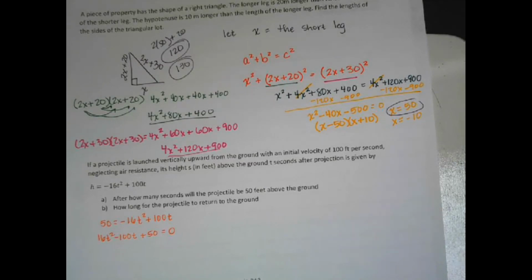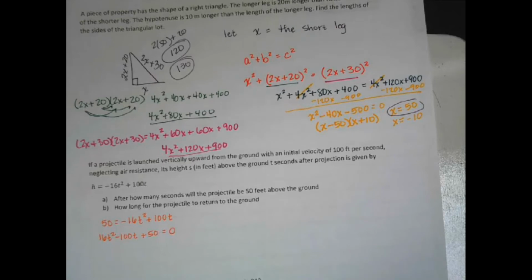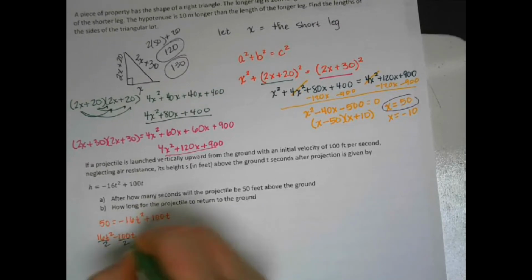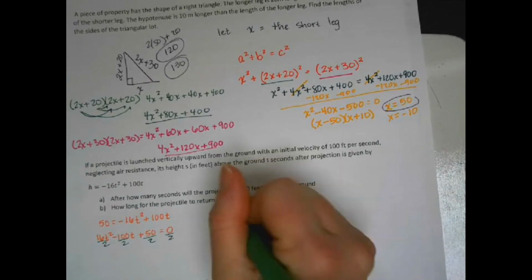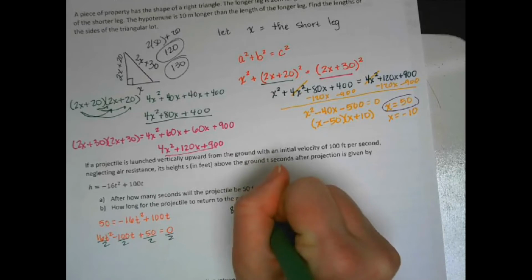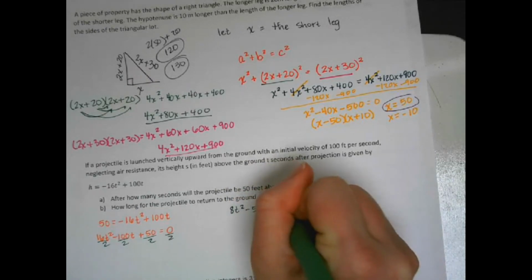It just makes your life easier because it makes the numbers smaller. So I'm just going to divide everything by 2. Technically, I'm dividing the 0 by 2, but 0 divided by 2 is 0. So that gives me 8t squared minus 50t plus 25.